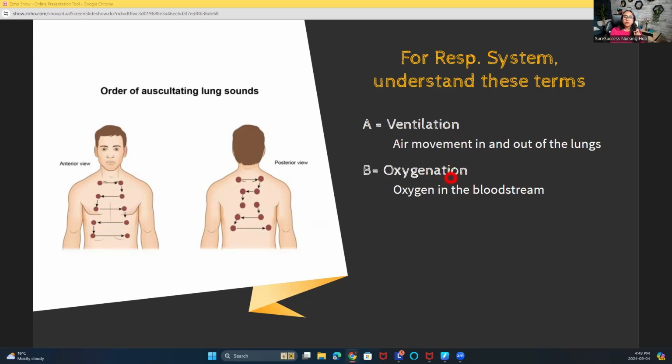Now let's suppose I am shoveling the snow. I don't wear the gloves. My hands are so cold and they are blue. So what do you think if I check the SpO2, oxygenation? What does it tell you? What do you think, is oxygenation going to be normal, low or high? Oh, low.